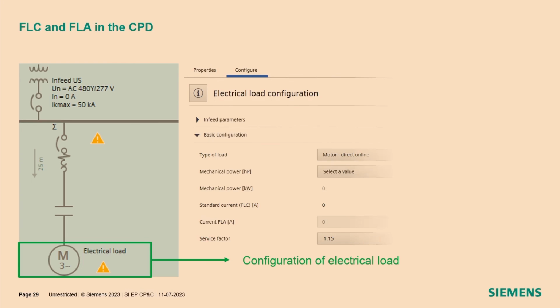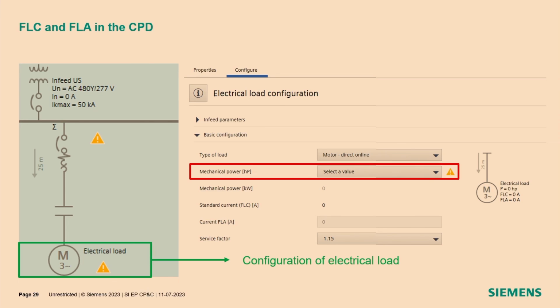Then we come to the next window, the configuration of the electrical load. And there you see right now, at this moment, it is still waiting for a value of the mechanical horsepower of the shaft of the motor, in US horsepower.